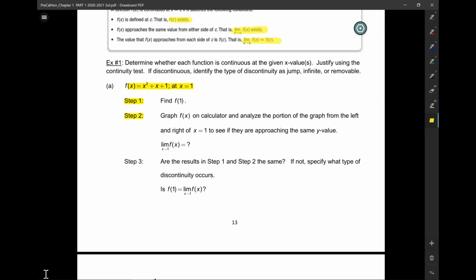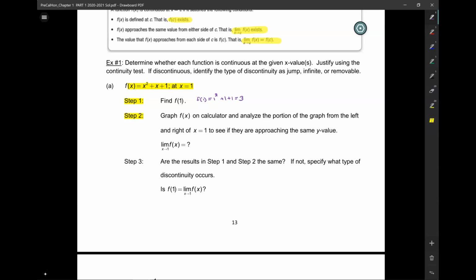So I don't care what happens at x equals -3 or 7. It's just at x equals 1. This is a very calculus-y thing where we only look at a function at one specific point. Okay, so step 1, you have to find f of 1. Well, f of 1 is 1 squared plus 1 plus 1, 3.